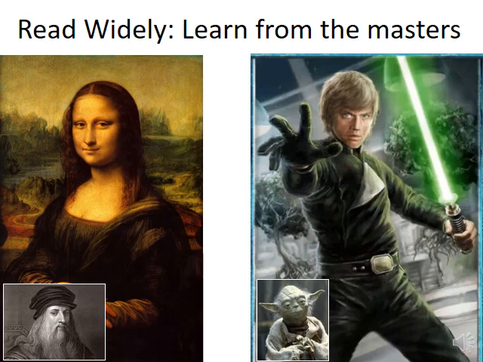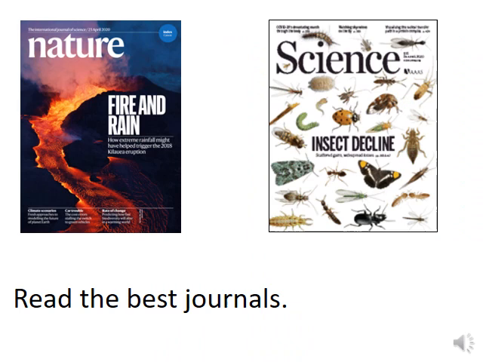He needed to learn from masters. And it's the same with us as scientists. If we want to get really good at doing research and writing papers, we need to learn from the masters, from the experts. How do we do that?